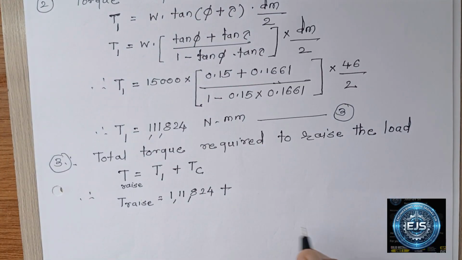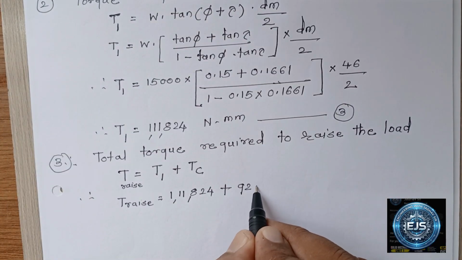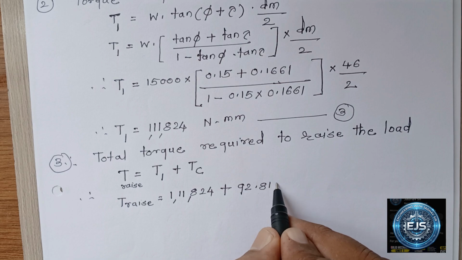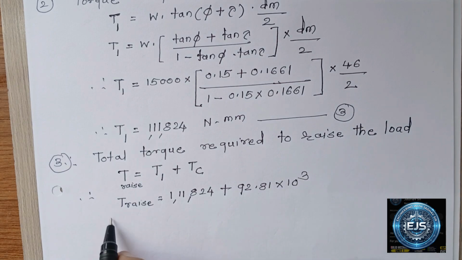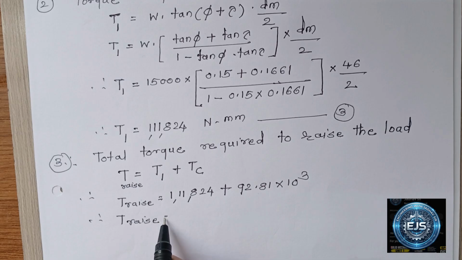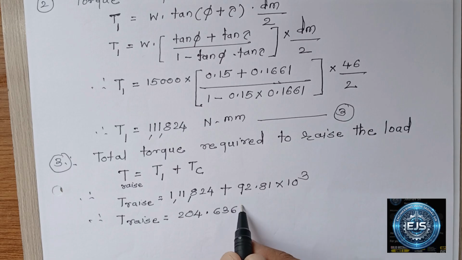So the total torque required to raise the load is equal to 204.6365 into 10 to the power 3 Newton mm.